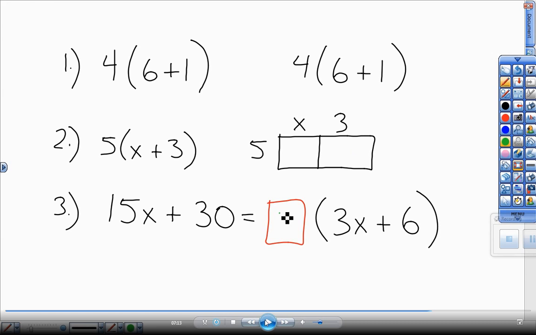And then the last one, I'm going to have you find that unknown number that it would take to multiply times 3x and then that same number multiplying times this 6 to get that 15x plus 30.